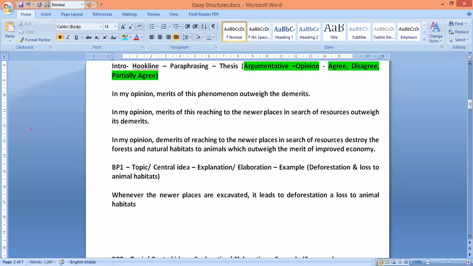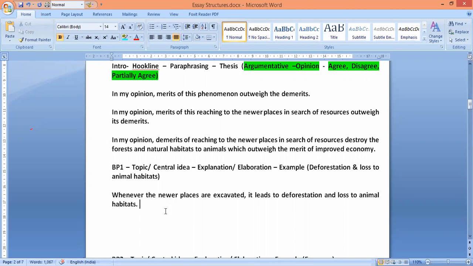This is my central idea, and I'll explain it and give an example. Like in that particular area, in Sahara or wherever, in search of oil, a few companies were given the license, and then they excavated everything. All the major animals lost their habitats, and it led to deforestation, and as a result, the loss of natural habitats of the animals.